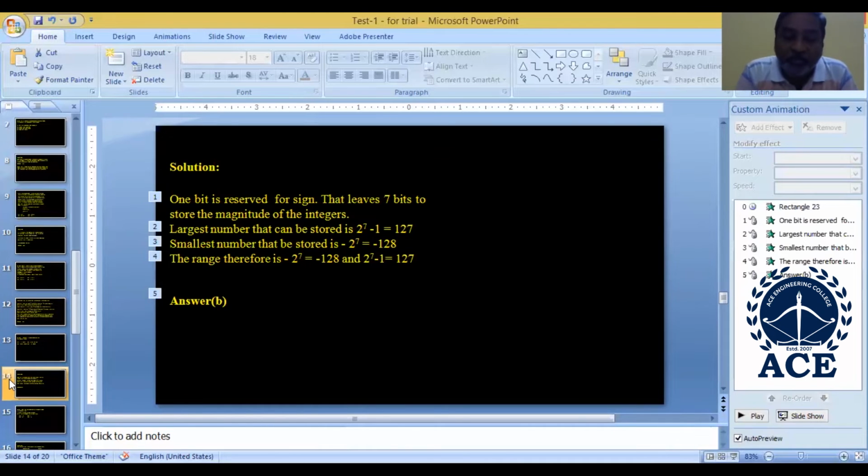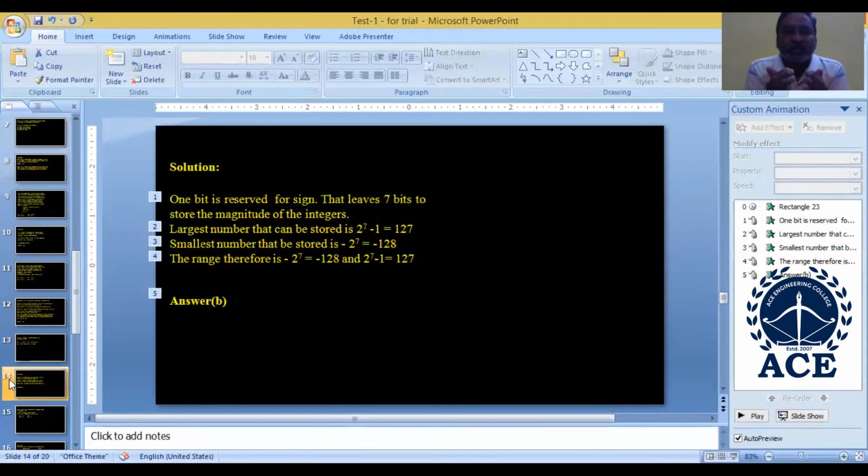Now a doubt may come. Before we go to that, the answer is before that. Now come back to the doubt. With the positive integer, we have taken 2 power 7 minus 1. But with the negative value, we have gone up to 2 power 7, minus 128. Why should it not also be minus 127?